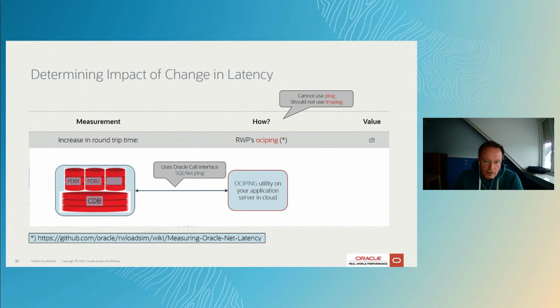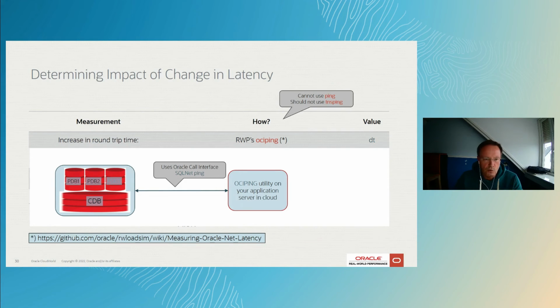So maybe you think, well, let's use TNS ping then. But TNS ping is not really the tool used to determine latency. TNS ping is more a tool used to see if a listener actually has a service that it services and is able to accept connect requests for. So what we built for this specific case is our own OCI ping tool, and we put it up on GitHub.